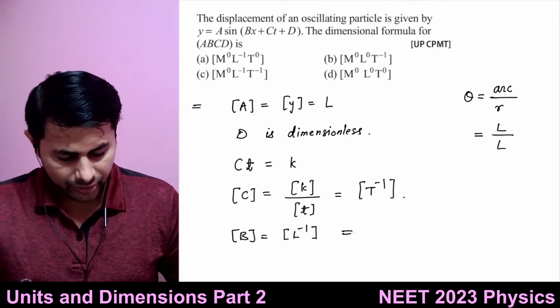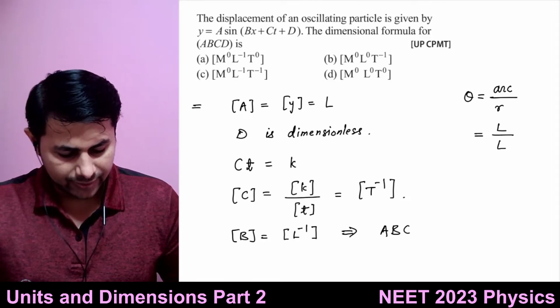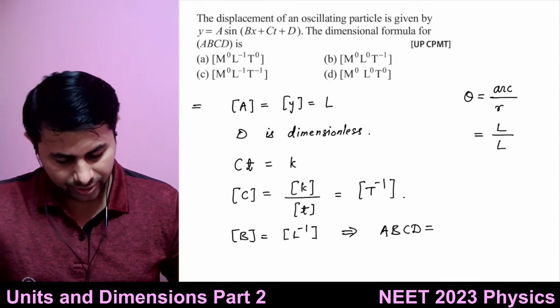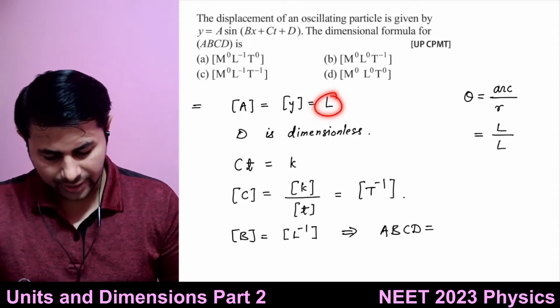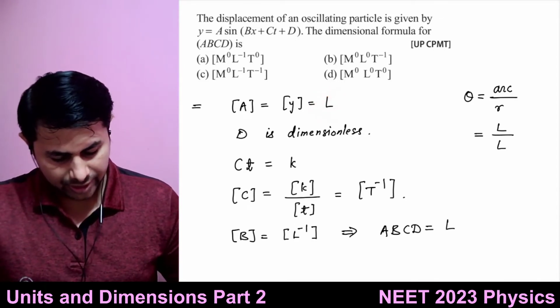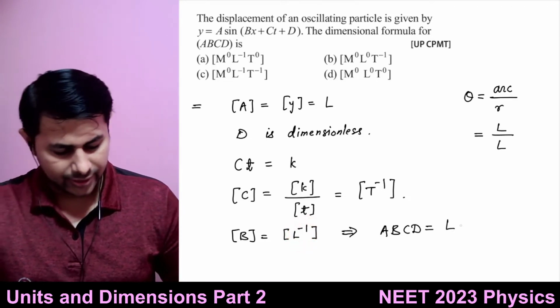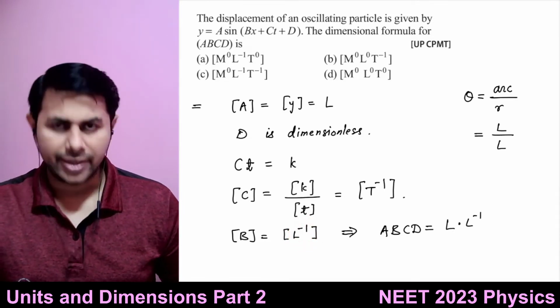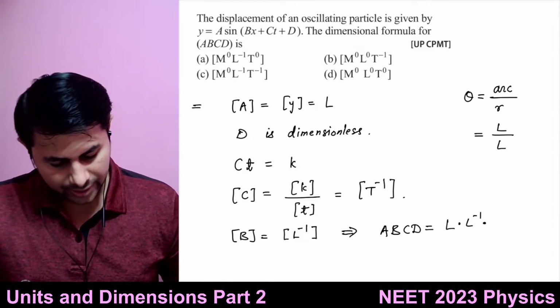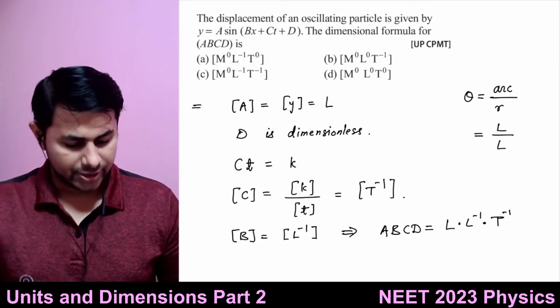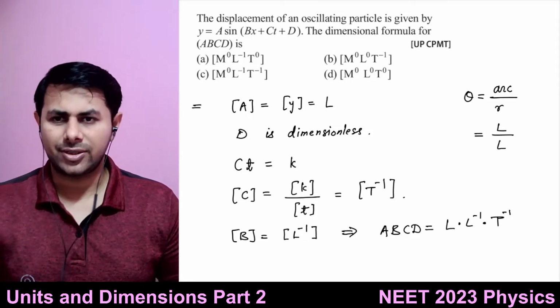And now we want the dimensions of a, b, c, d. The dimensions of a are L, of b are L inverse, of c are t inverse, and d doesn't have any dimensions.